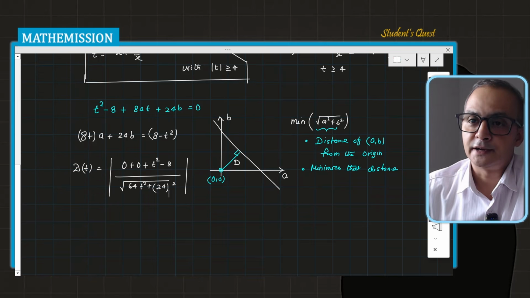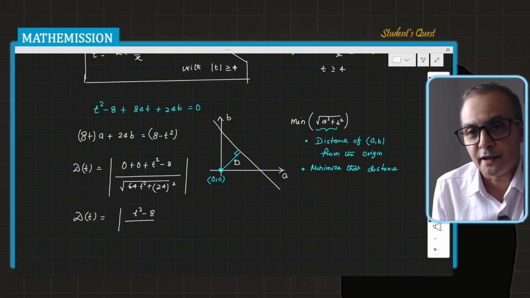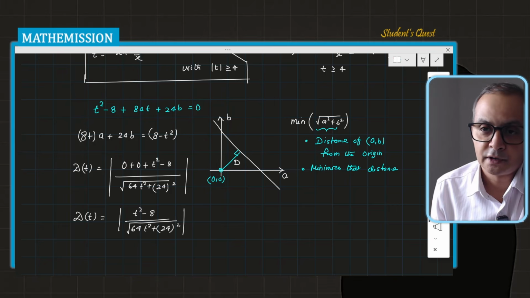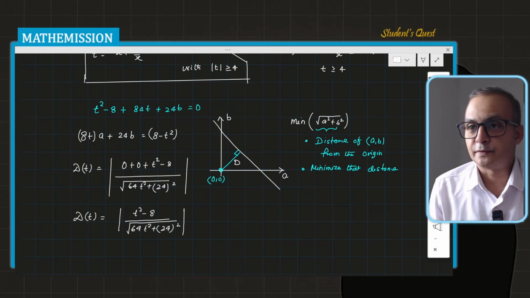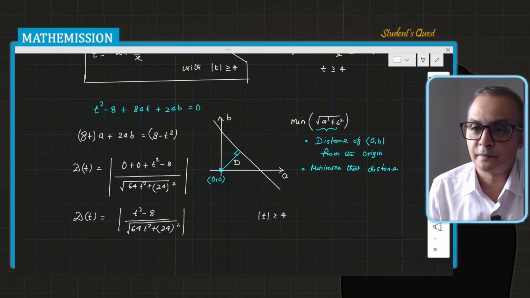Now our entire situation is shifted onto d. So let's simplify this first. So t squared minus 8, divided by the square root of 64t squared plus 24 squared. Now t is basically lying from minus 4 to 4, which means mod t is greater than 4.